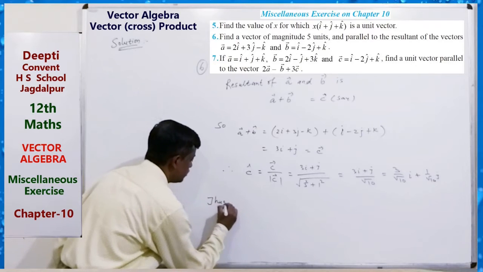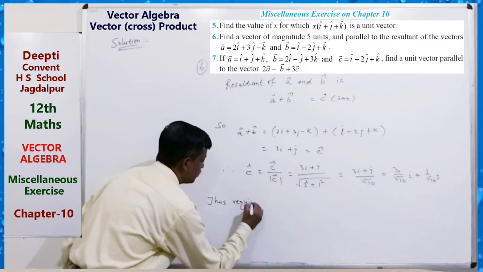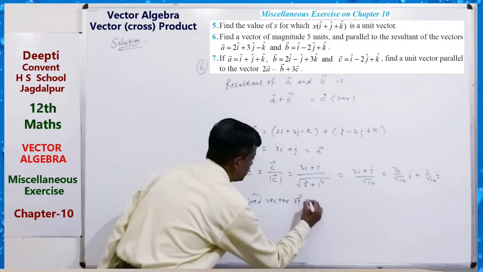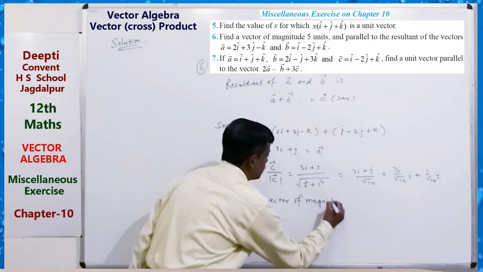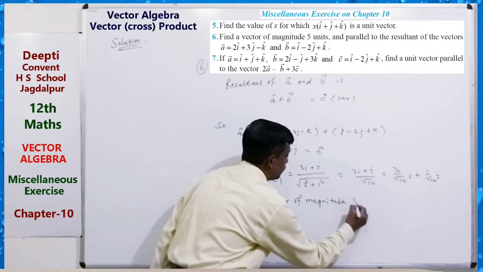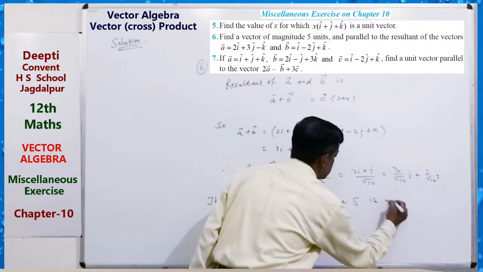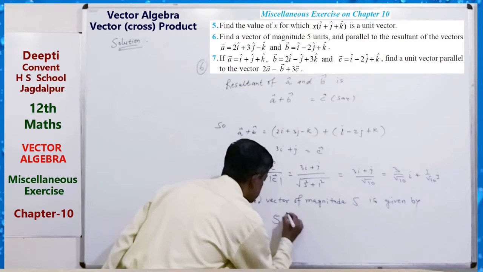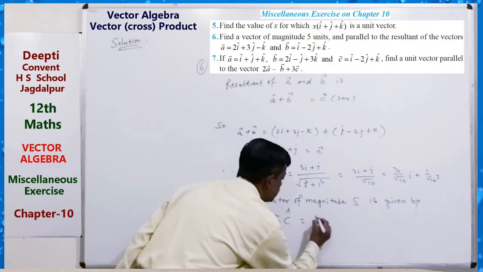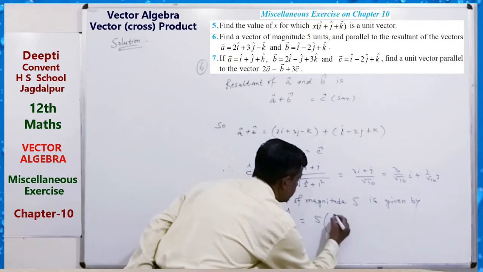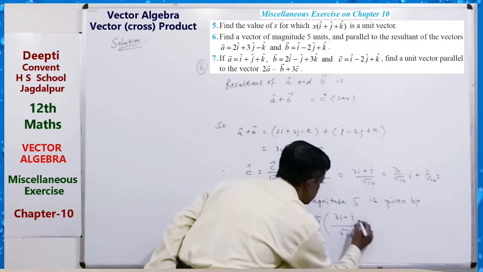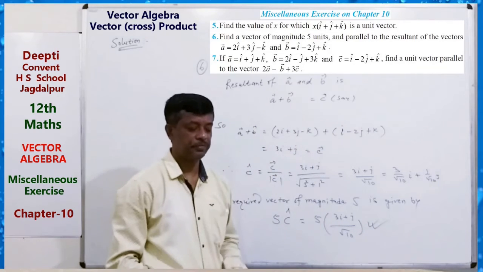Thus, the required vector of magnitude 5 is given by 5 times 3i plus j upon root 10. So this is our answer.